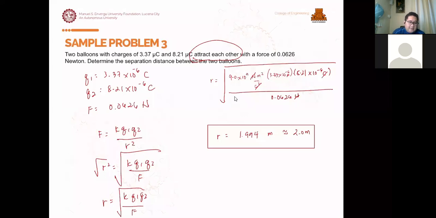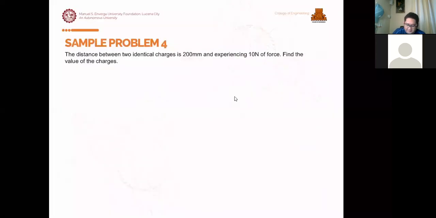Okay? Sample number 4. The distance between two identical charges is 200 millimeters and they experience a 10 Newton force. Find the value of the charges. Okay? Two identical charges, so the value of Q1 is equal to the value of Q2.